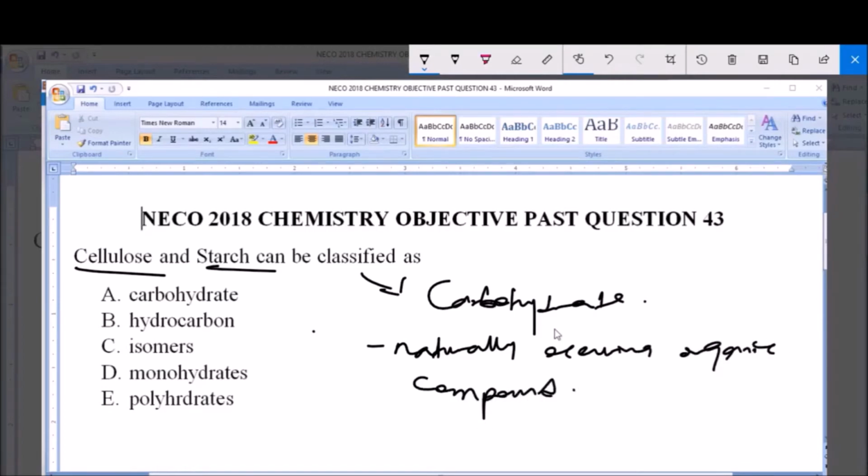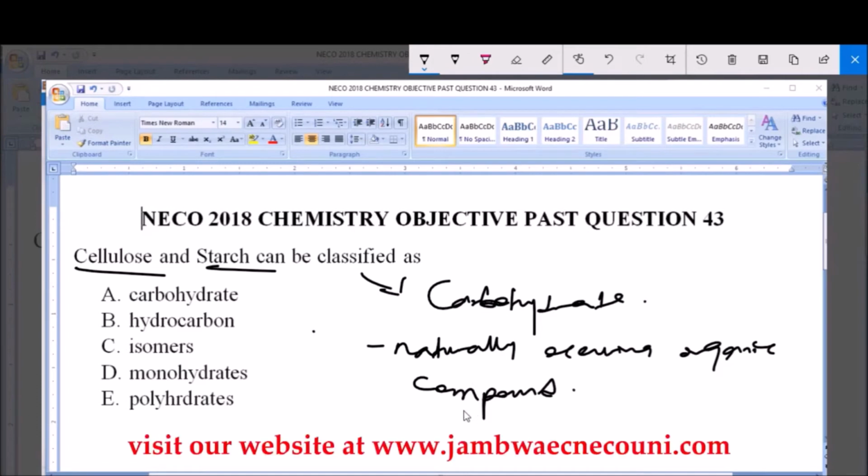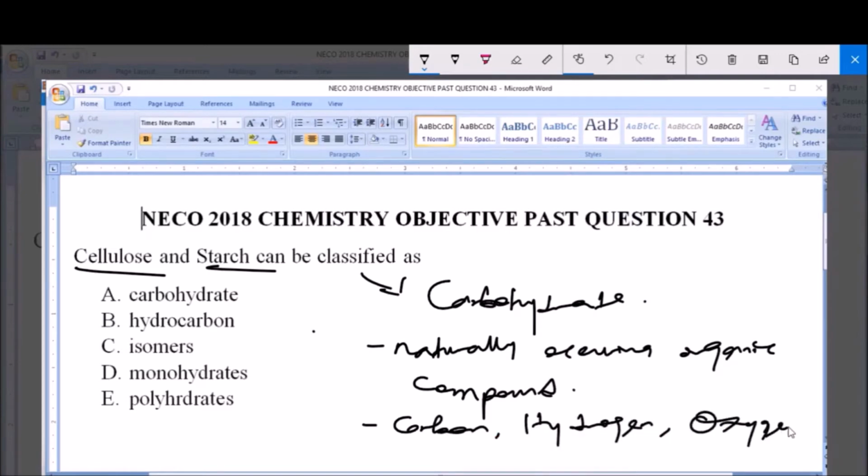And like you know, carbohydrates are also naturally occurring organic compounds containing carbon, hydrogen, and oxygen. These are the components of carbohydrates, with the hydrogen and oxygen present in the ratio of 2:1.